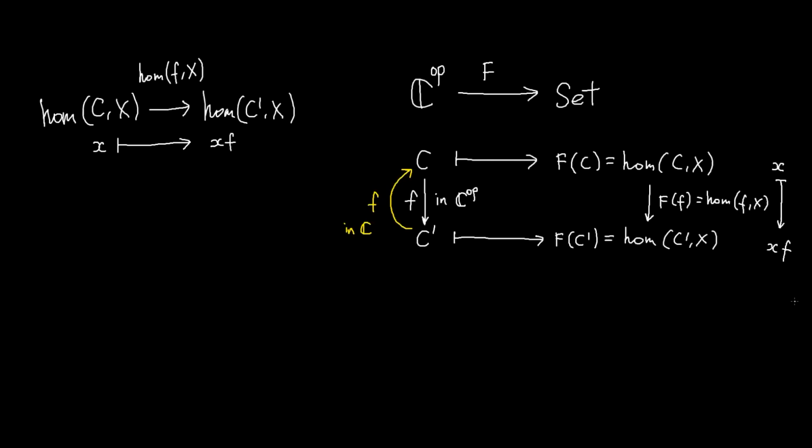It must map objects to objects and morphisms to morphisms, but also it should preserve certain things. Namely, it should preserve composition and identity morphisms. So let's check that it does. If I compose two things on this side, let's say f and g, and then map by the functor, I must get the composite of whatever the functor maps these two things to.